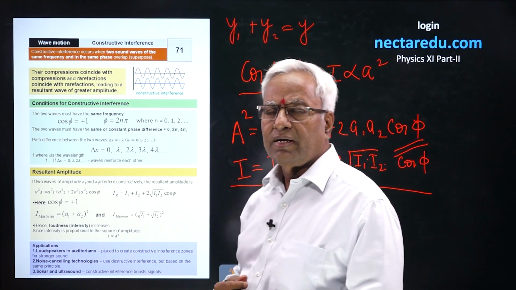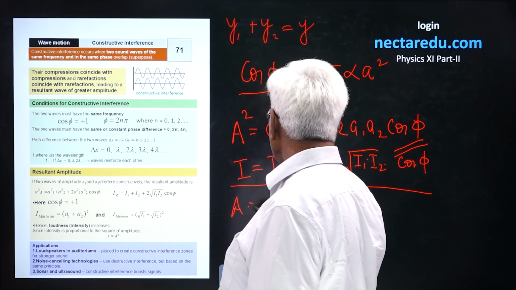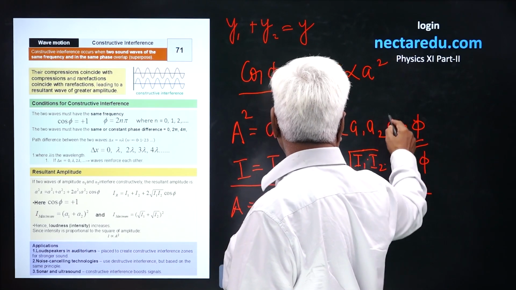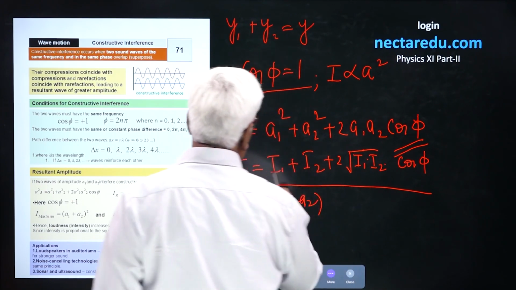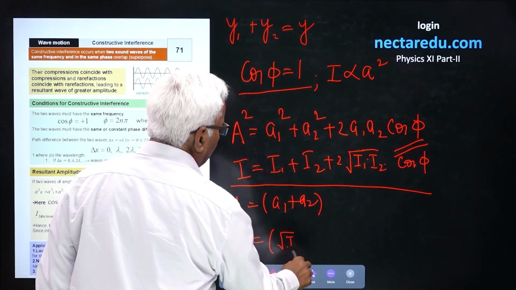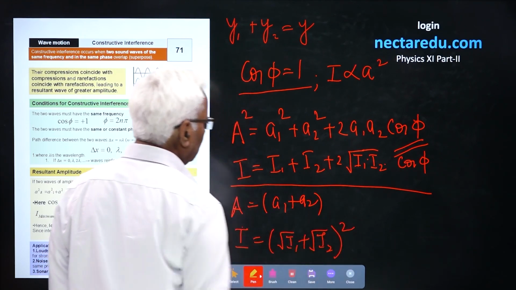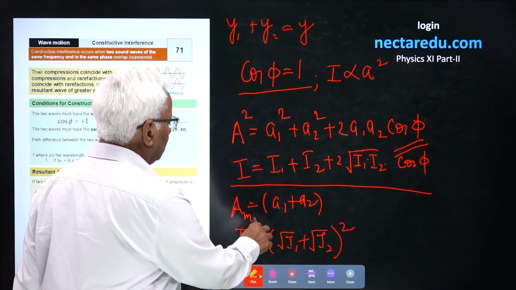If you put cos phi equal to 1, you are going to have A squared equal to (A1 plus A2) whole squared, simply because if you put 1 here, you get A1 plus A2 whole square, and likewise I equal to (root I1 plus root I2) whole squared. This is the value of A maximum.